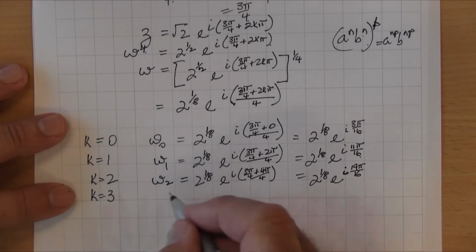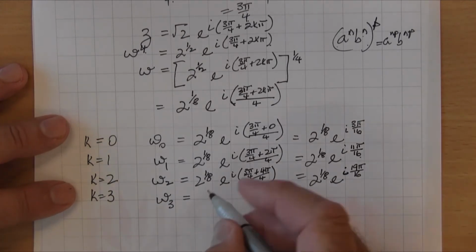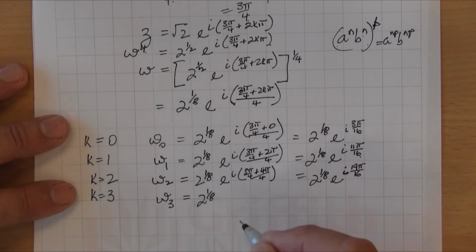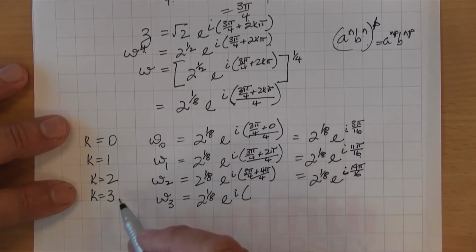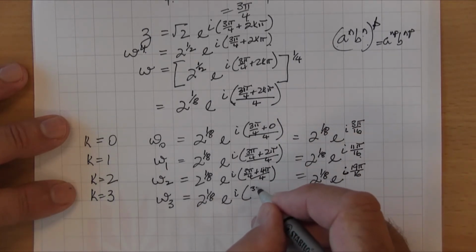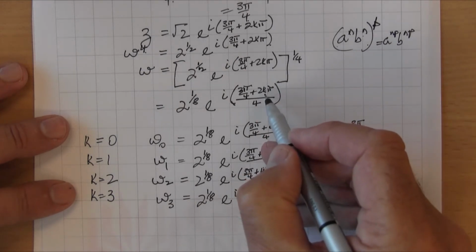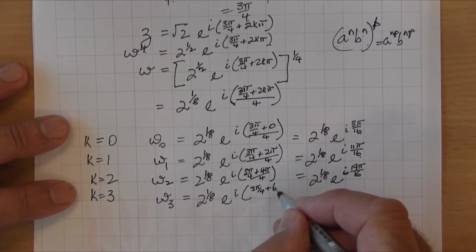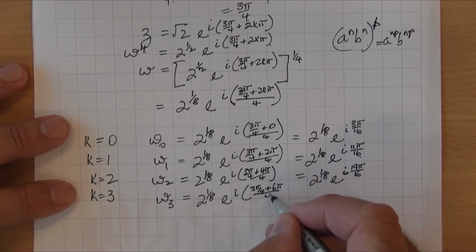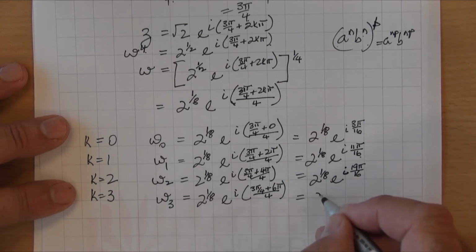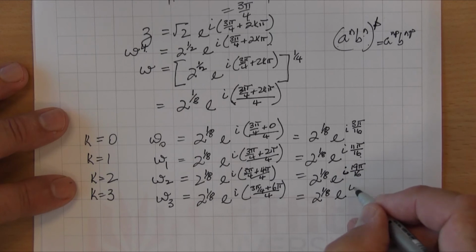And lucky last, k equals 3 generates w3, which is the fourth root, 2 to the power of 1/8 e to the i. Instead of that k there now, I'm going to put a value of 3. So it'll be 3 pi on 4 plus k equals 3, so that'll be 6 pi all over 4, equals 2 to the power of 1/8 e to the i.